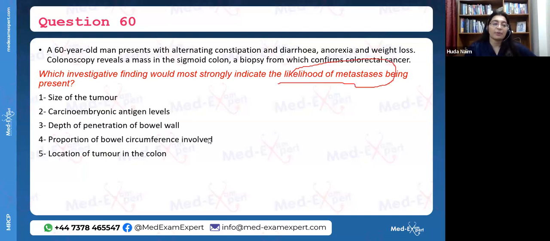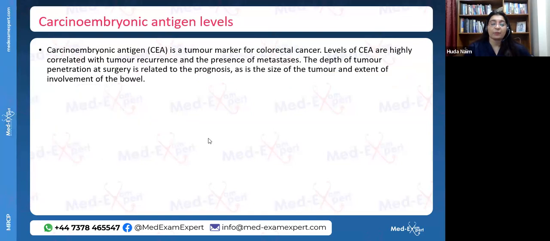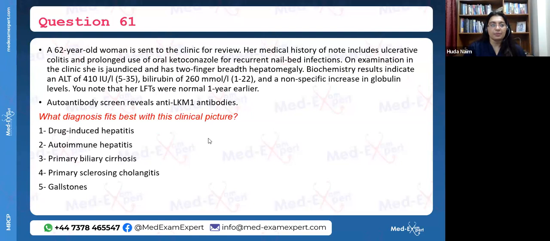We're asking about the metastasis. What would be the investigative finding that would tell you? It would be the CEA levels, and that would tell you if there's metastasis or not. That would tell you the recurrence also, and the likelihood of metastasis as well. Okay, the next one.